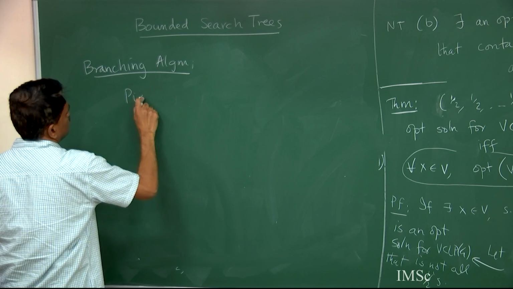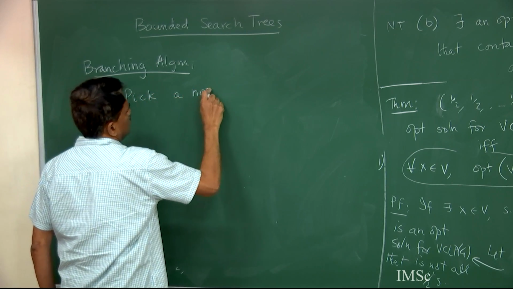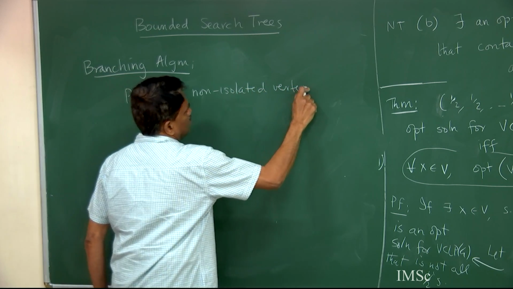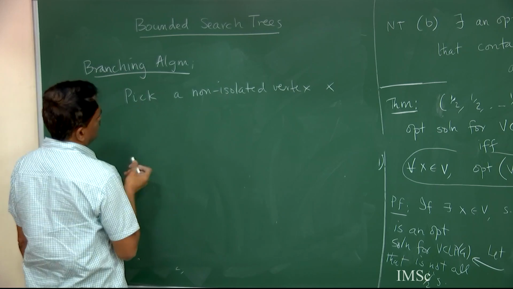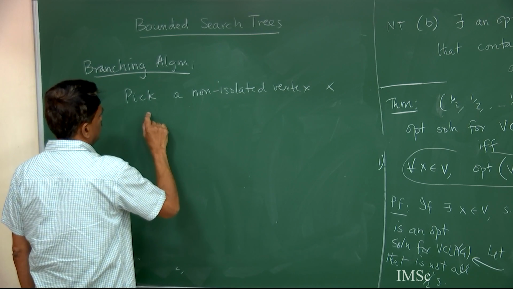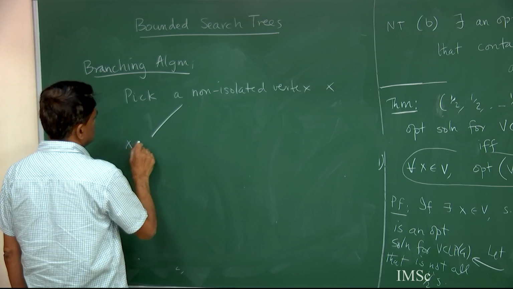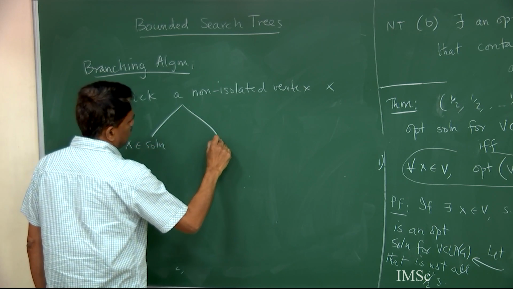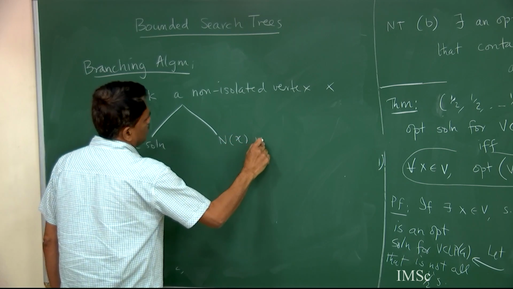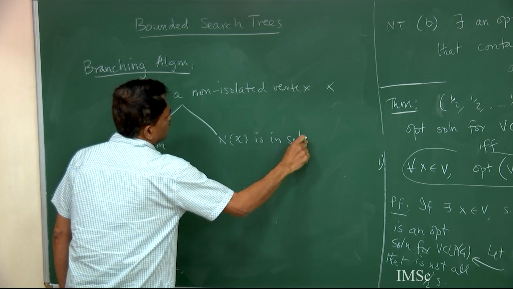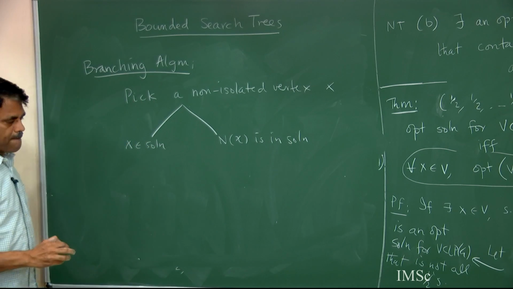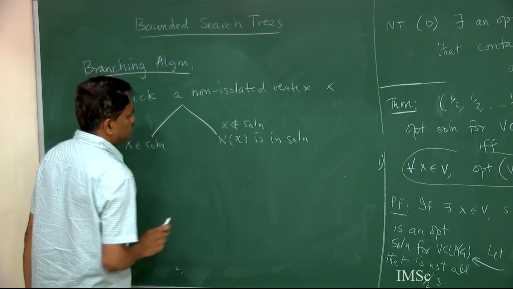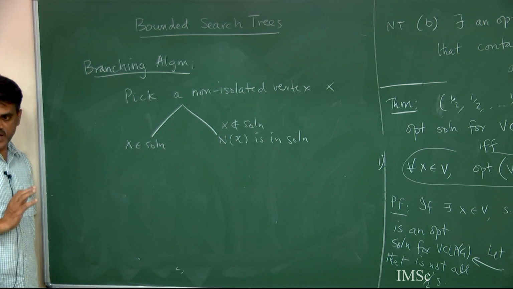Pick a non-isolated vertex and branch on it, okay. So, in one branch x is in solution, in the other branch I include all its neighbors into the solution, okay. So, x is not in the solution, this is my branching algorithm.